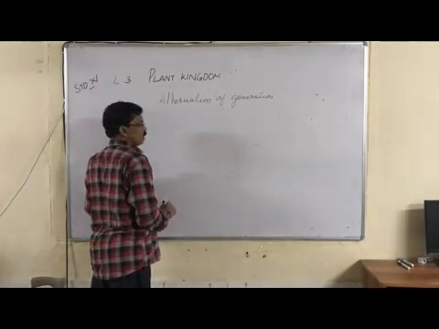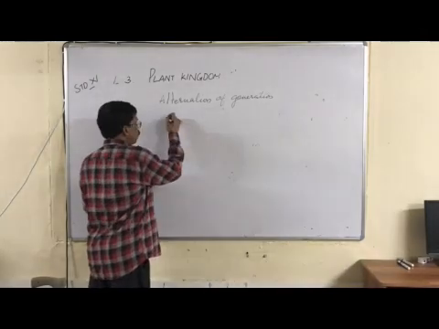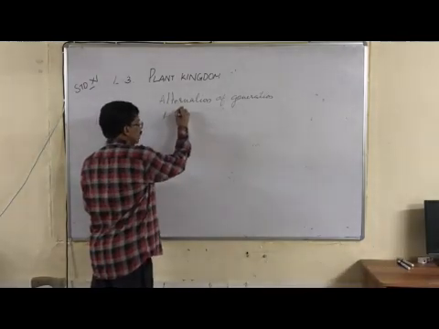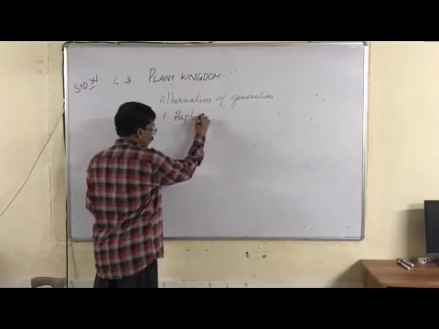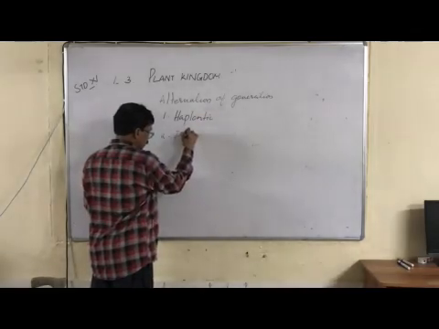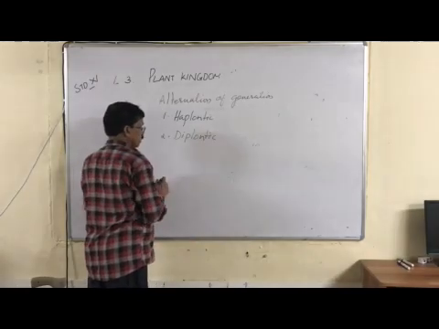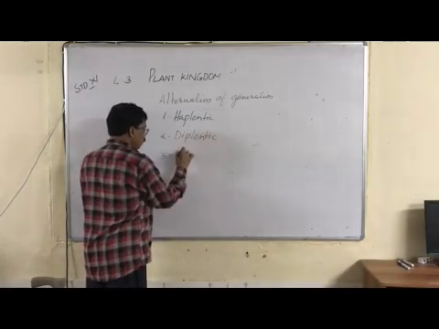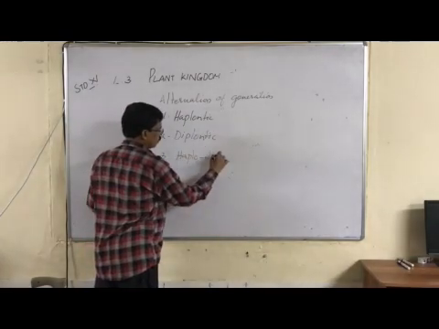Now, here we are speaking generally for all plants. There are three types of alternation of generation: haplontic, diplontic, and haplodiplontic.